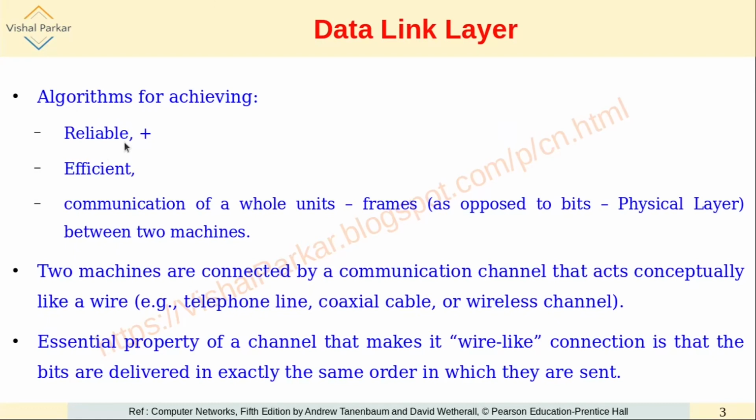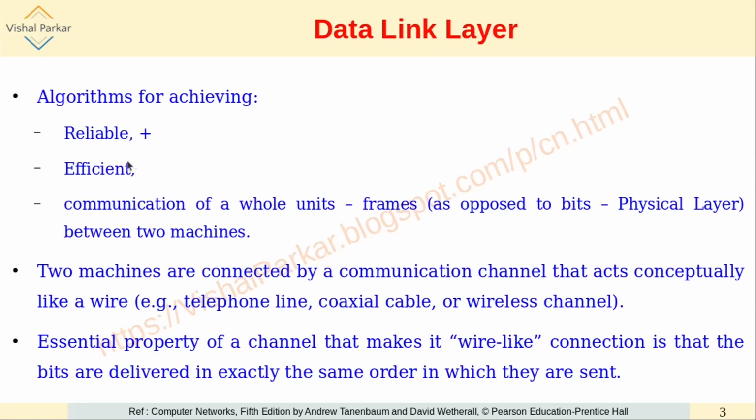Reliable means whatever data the sender sends, the sender is sure that the data will be received by the receiver as it was sent. And when the receiver receives that, the receiver also becomes sure that whatever it has received is the data which was originally sent. So both are sure, and this is what is called communication reliability.